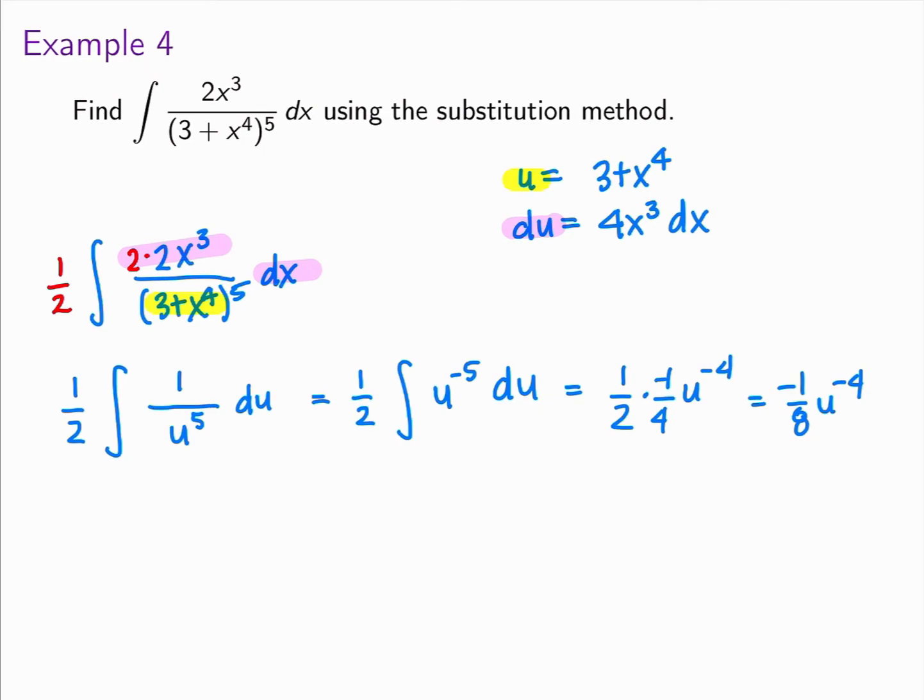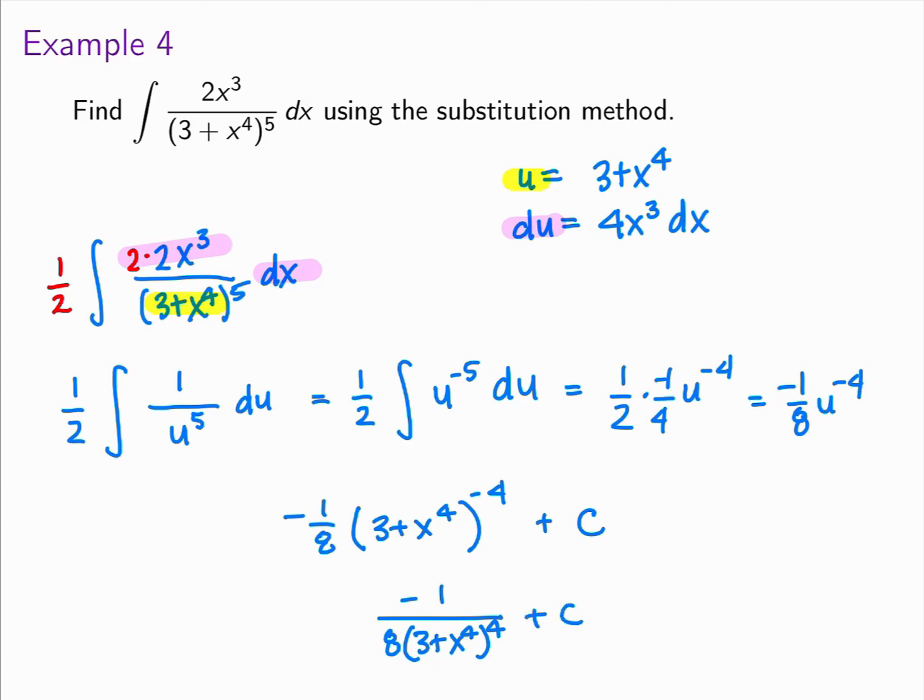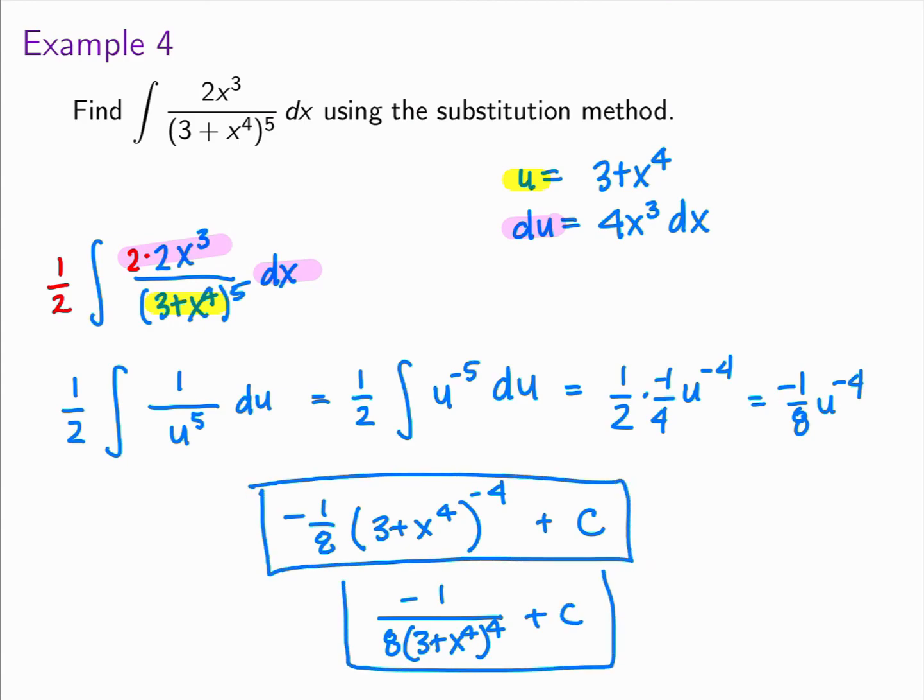But I don't want to leave my answer in terms of u, so I will make that negative 1/8, and instead of u, I will put 3 plus x to the 4th, go back to my original u, to the negative 4th, and then plus c. Alternately, I could write this as negative 1 over, that 8 would be on the bottom, 3 plus x to the 4th power, if I moved that down, plus c. Both of these answers are good answers.